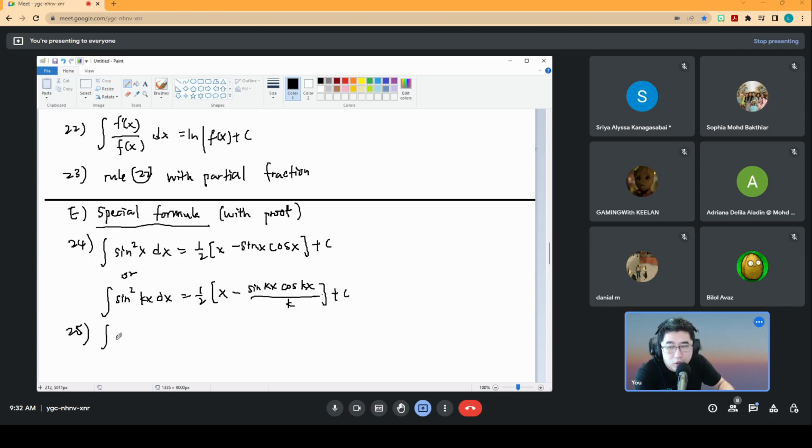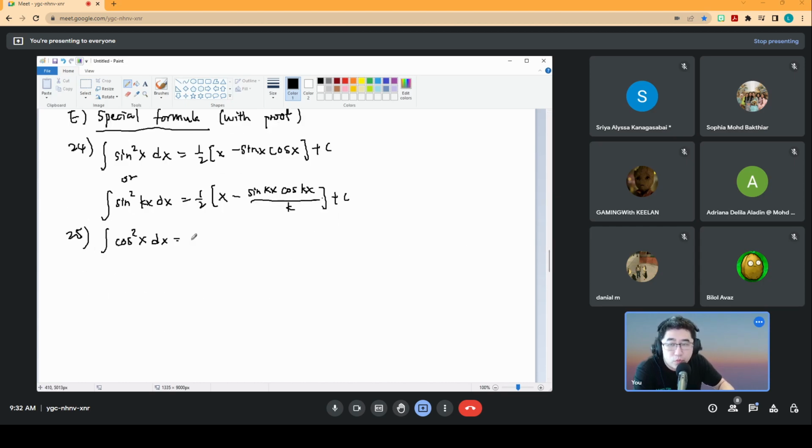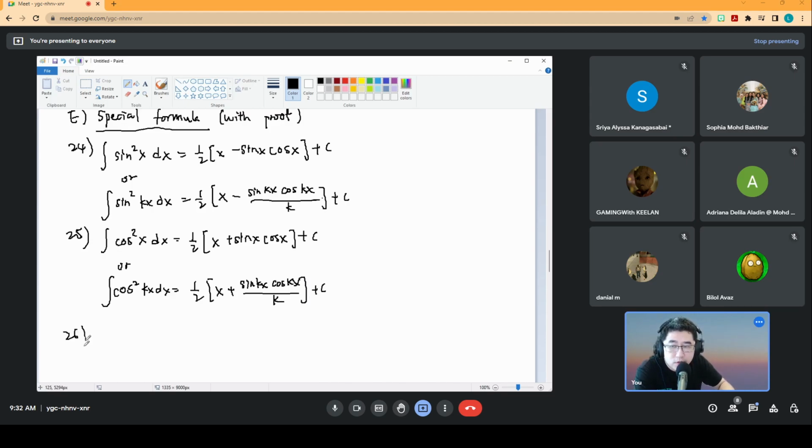25, we have cos square x dx equals 1 over 2 of x plus sine x cos x plus c, or we have integrate of cos square kx dx equals 1 over 2 of x plus sine kx cos kx over k plus c. 26, integrate of ln x, we have x ln x minus x plus c.